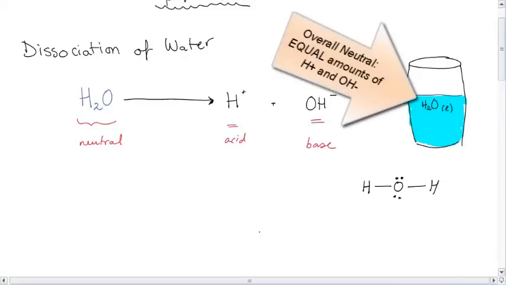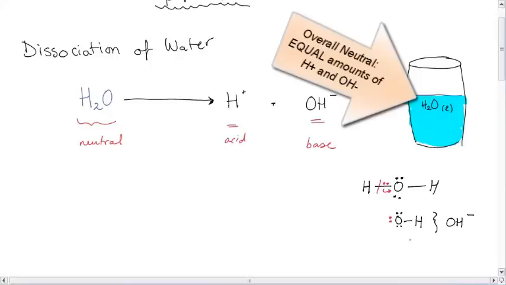So here's what water normally looks like. But in any sample of water, you are going to have some amount of the ions. And what happens is that this bond gets cut. Both valence electrons go to the oxygen, and that's what makes it have a negative charge and satisfy the octet rule. So this is the ion OH-.